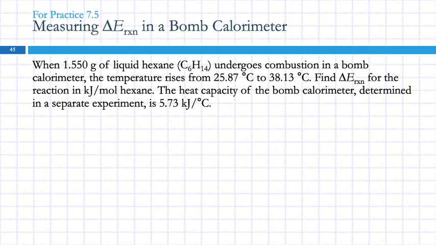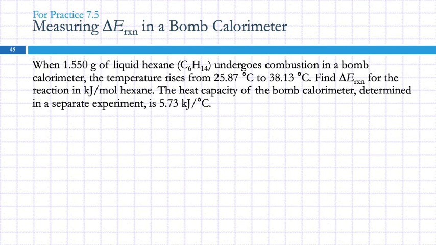So here's an example. When 1.550 grams of liquid hexane undergoes combustion in a bomb calorimeter, the temperature rises from 25.87 degrees Celsius to 38.13 degrees Celsius. Find delta E reaction for the reaction in kilojoules per mole hexane. The heat capacity of the bomb calorimeter determined in a separate experiment is 5.73 kilojoules per degree Celsius.